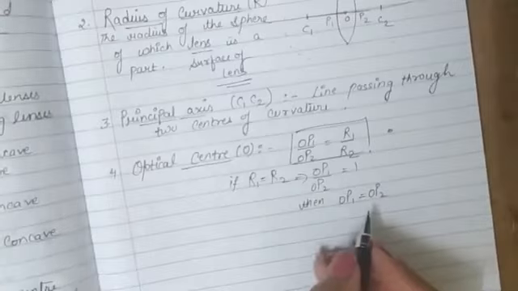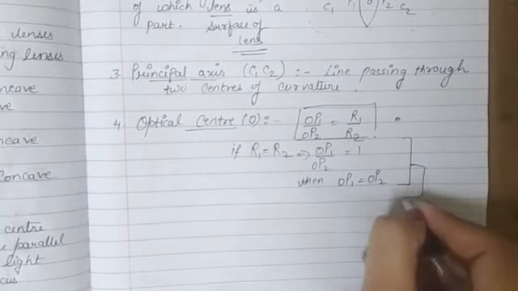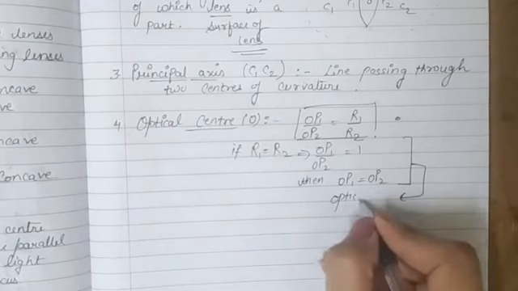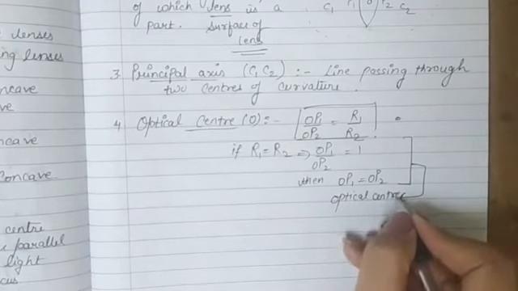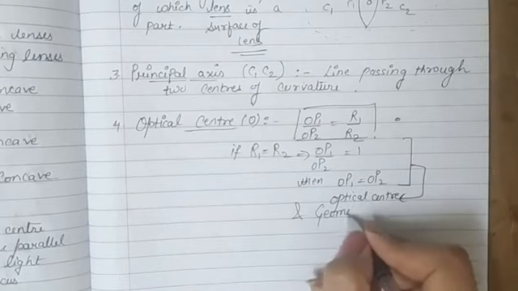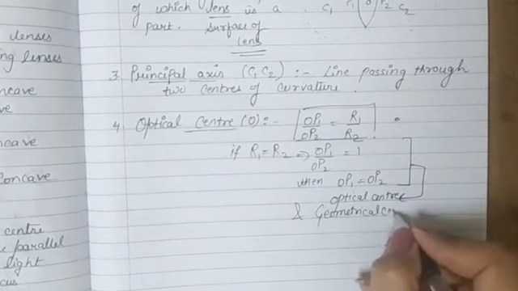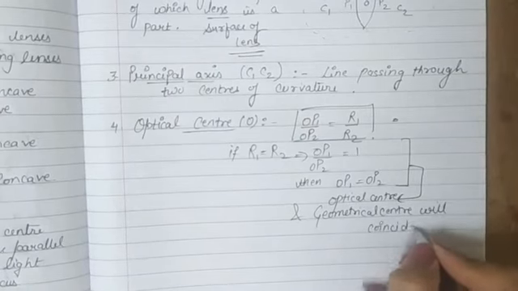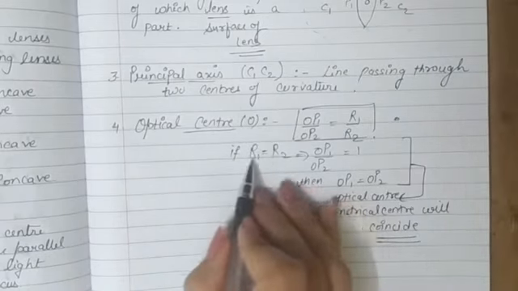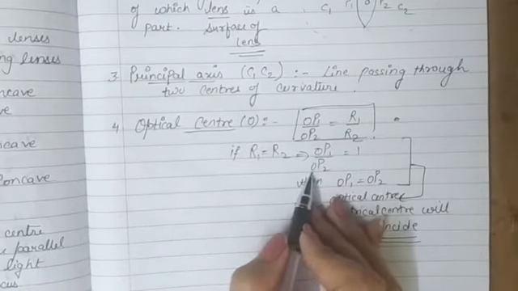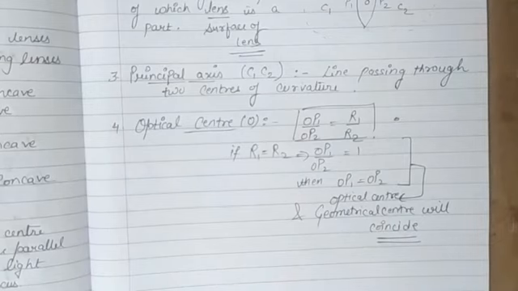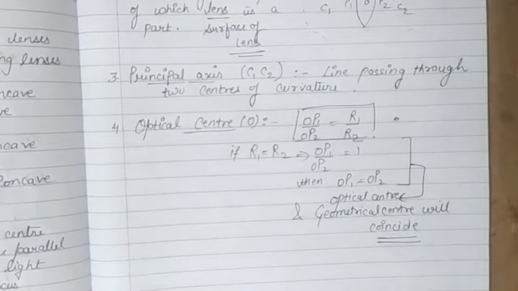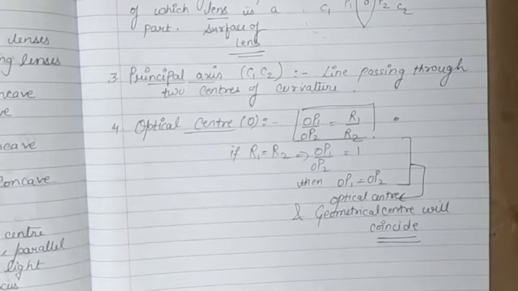Then in this situation, the optical center and geometrical center of the lens will coincide. We can remember it like this. So when the two radii of curvature are same, then this thickness will be divided equally by the point O, and at that time it is the optical center as well as the geometrical center, and it lies exactly in between the thickness P1 and P2.